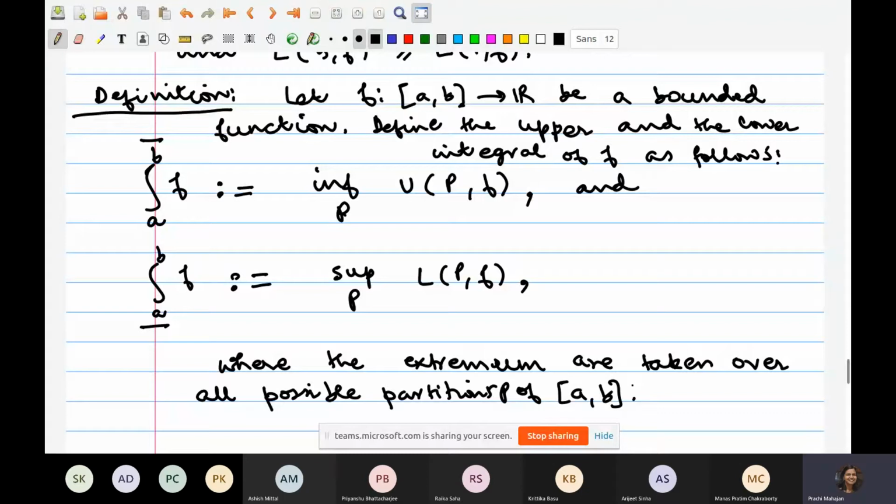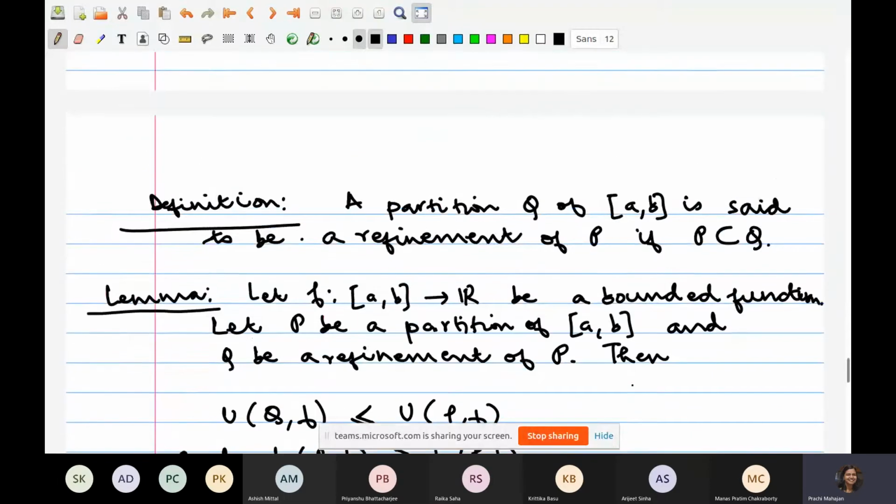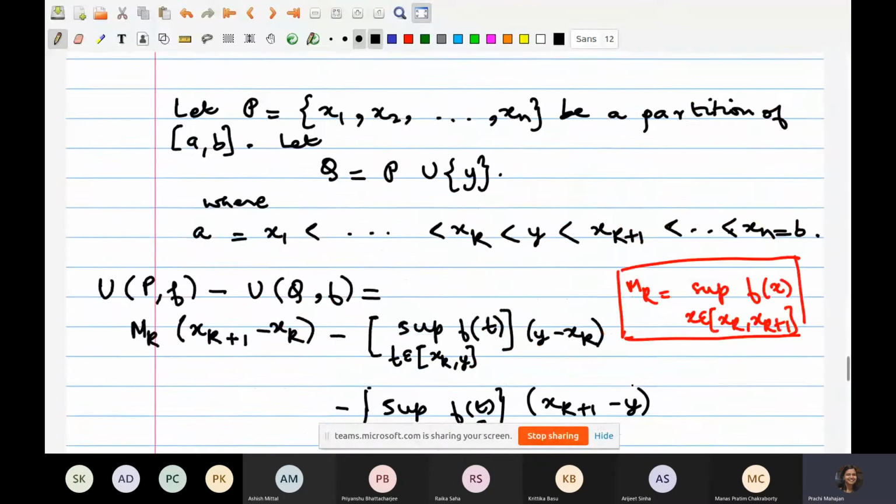Now, the first thing one should ask is that these are defined for all functions f which are bounded. Why do this supremum and the infimum of the upper and the lower sum respectively make sense? Let's go back to the definition of the upper sum.